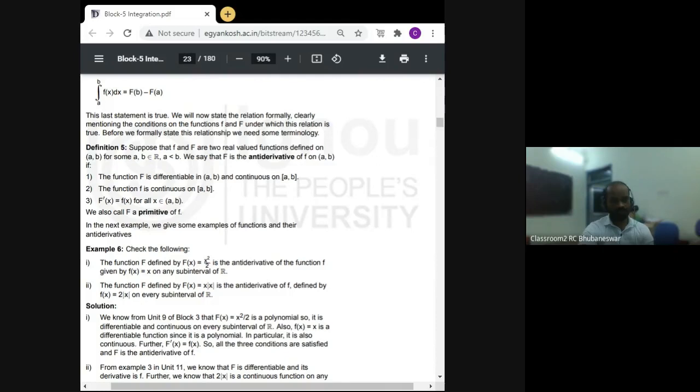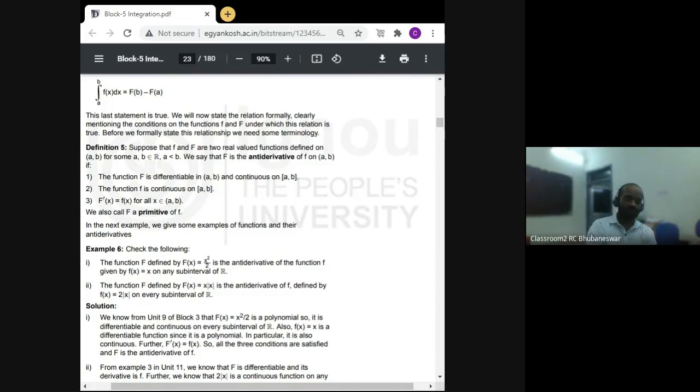Capital F is differentiable in the open interval (a, b) and continuous on the closed interval [a, b]. The function small f is also continuous on the closed interval [a, b]. The third condition is that the first derivative of capital F must equal the value of small f for all values of x in the open interval (a, b).